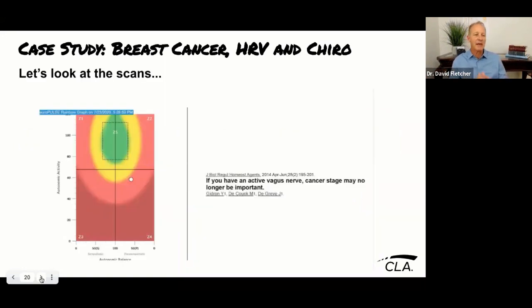Which is wonderful because as you go down this path of understanding the impact of chiropractic and HRV, you get to meet some really tremendous people. And Dr. Yuri Gidron is a researcher, and I met him originally in the European side of things, and he had begun doing an extensive search of, again, cancer-related research and HRV.